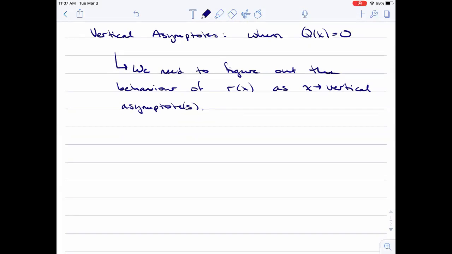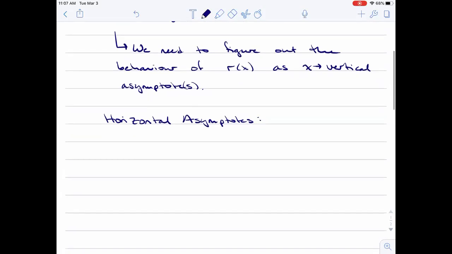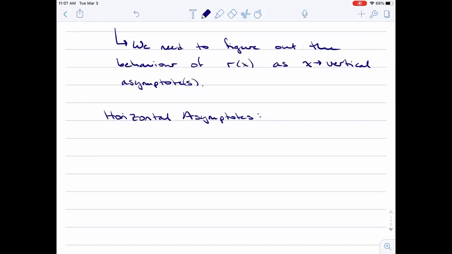Then once we know how it behaves around the vertical asymptotes, where these things are, we can move on to the horizontal asymptotes. So there's 3 different scenarios, right?